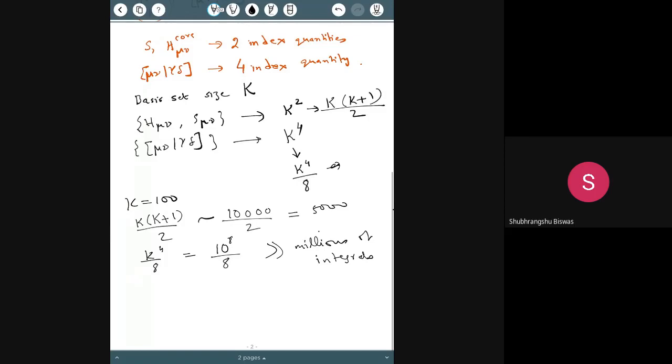So what is done is that only non-zero two-body integrals are stored, and a list of the indices is maintained. So instead of storing all the two-body integrals, the storage at least is only for the non-zero ones.